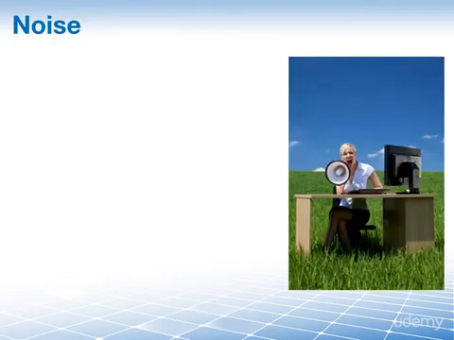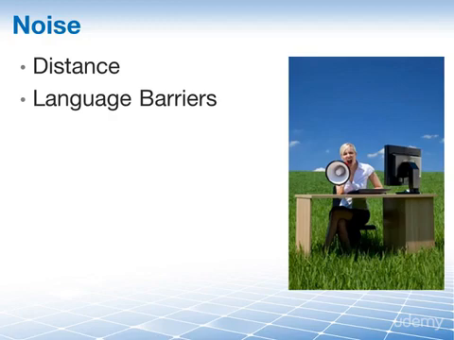And by noise, yes, we do mean actual noise, like construction going on outside your office and you can't hear the person speaking. But we also mean all forms of interference with the communication, beginning with distance, because it's easier to talk to someone in the same room than it is to talk to them on the phone or via a video conference. And then there are language barriers.